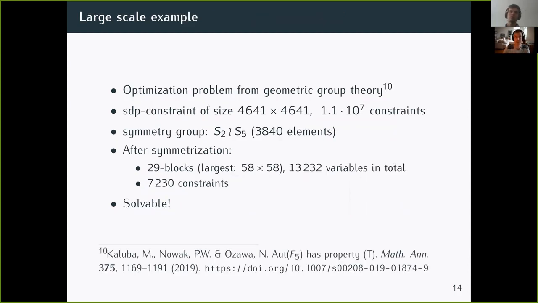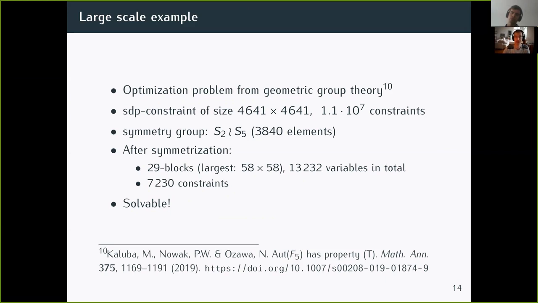So we have seen a lot of examples, and here's another one, which is a real-life large-scale example. This comes from my paper with Piotr Nowak and Narutaka Ozawa. This is a problem in geometric group theory, which was reduced to a semi-definite program with one single constraint of 4,600 in size. It also consists of 11 million constraints.